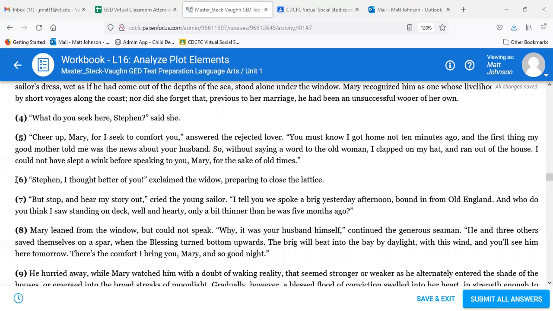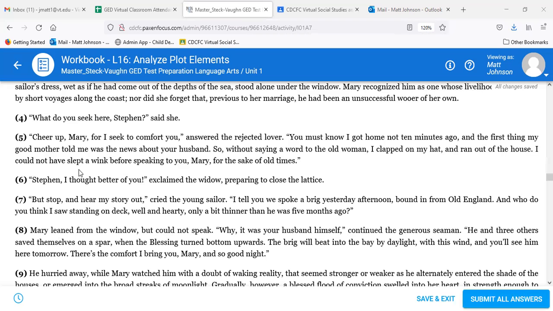And Christiana, 7. Number 7. But stop and hear my story out, cried the young sailor. I tell you, we spoke a brig yesterday afternoon, bound from old England.